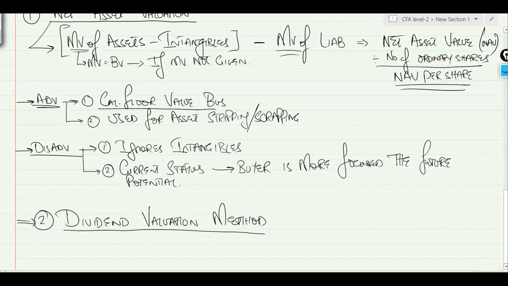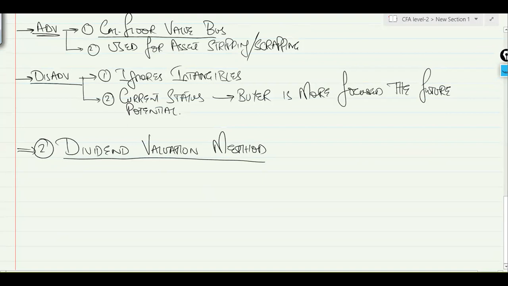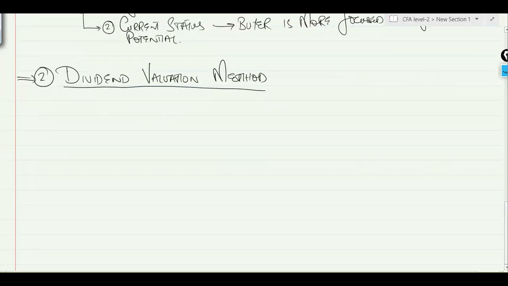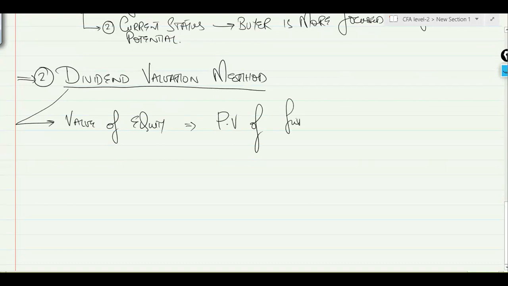It tells you the value of equity is equal to the present value of all the future dividends.